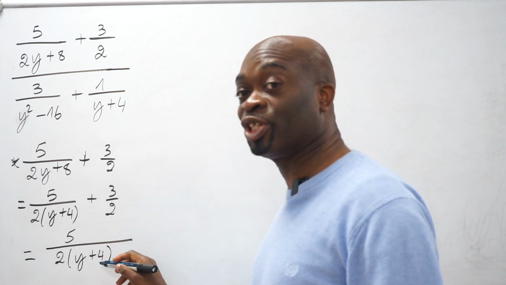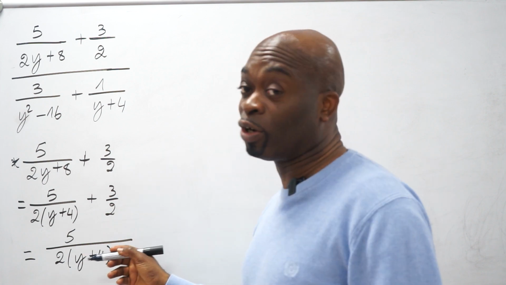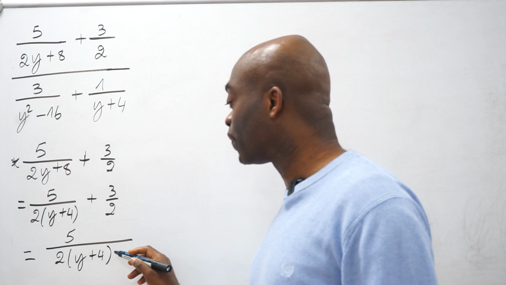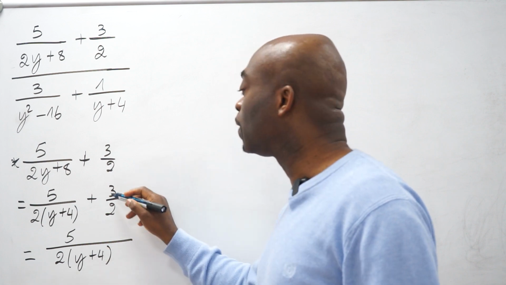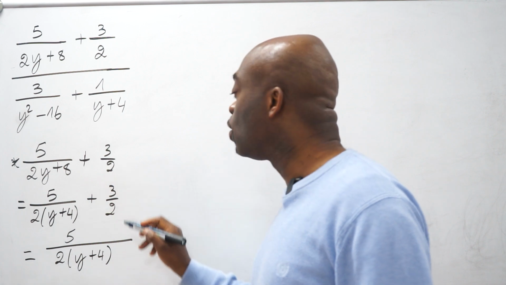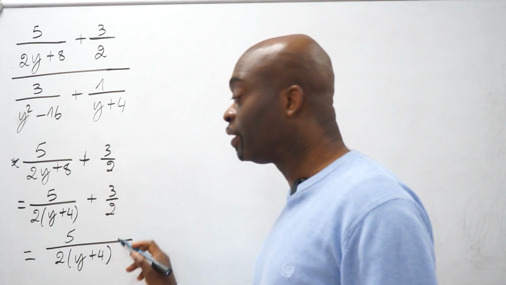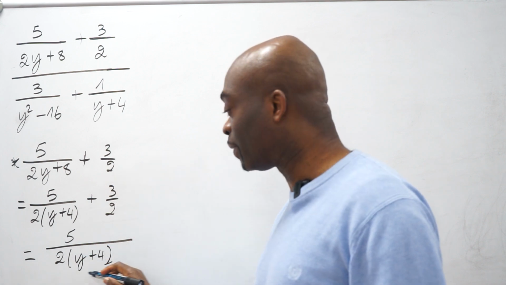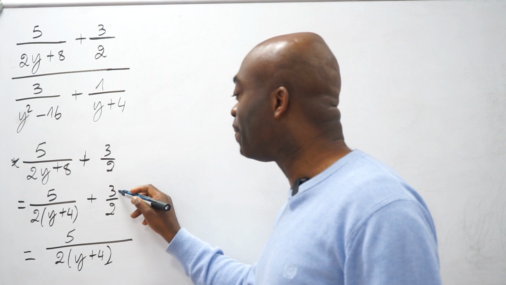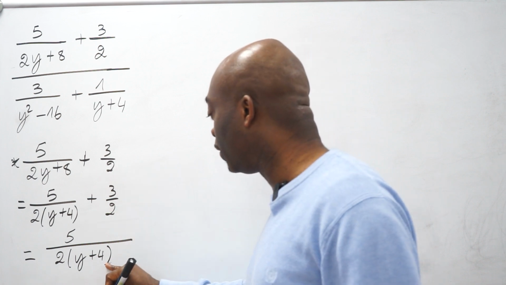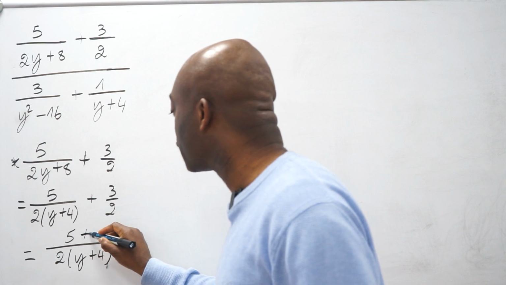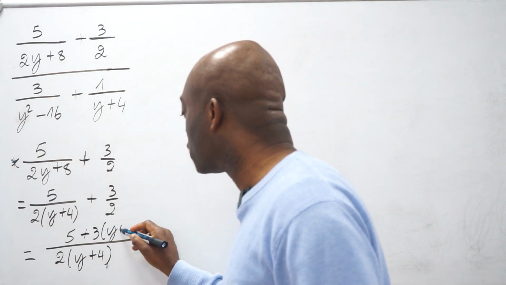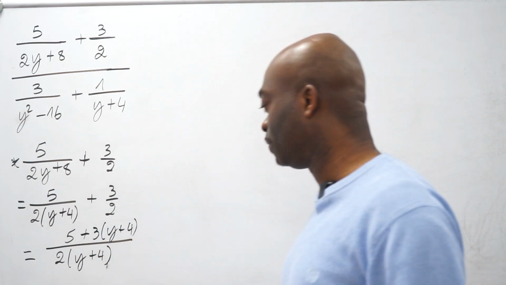A lot of times you just think in this term: whatever is missing at the bottom here, that you have in the lowest common denominator, you multiply the top expression by that. So that'll be plus 3 times y plus 4, because that's what is missing.